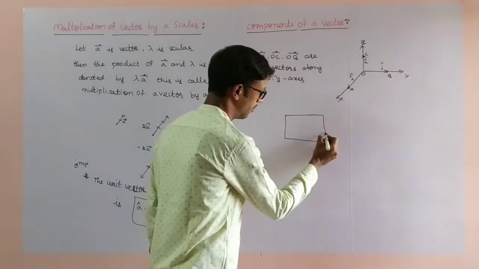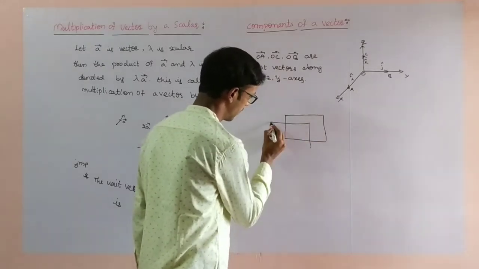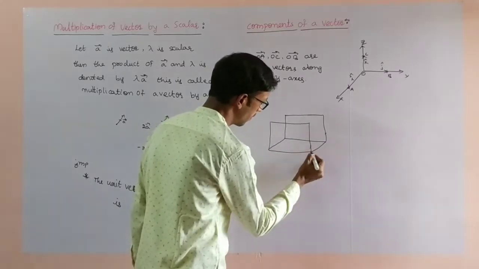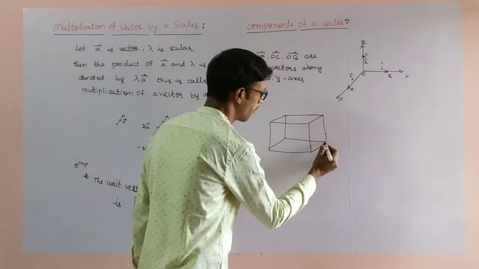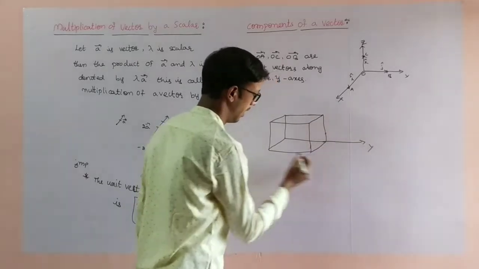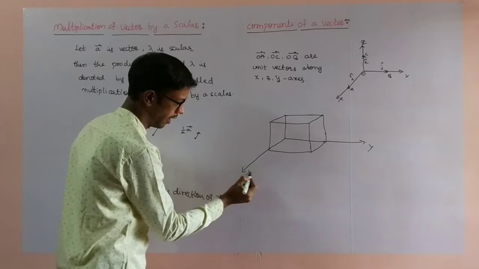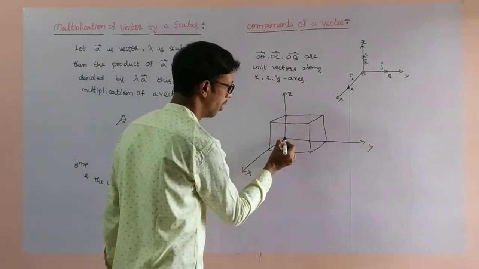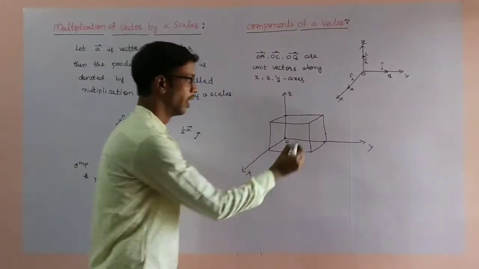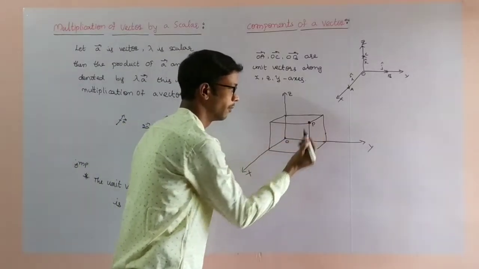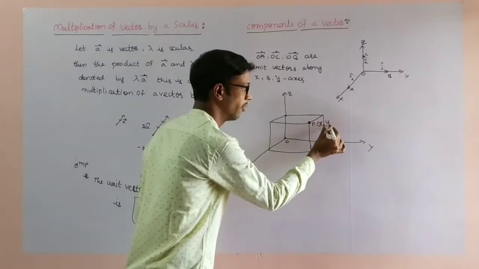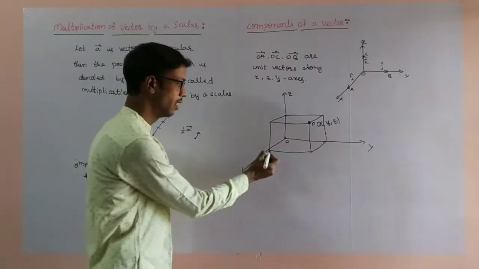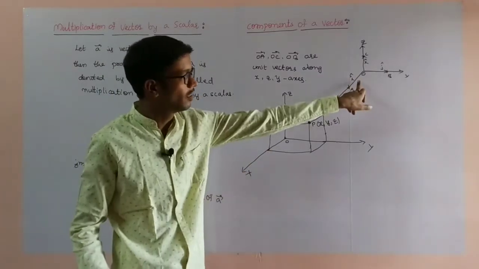I'll take one diagram here. This is the y-axis, this is the x-axis, this is the z-axis. This point is O and this point I am taking as P. P is x comma y comma z, a point in space. The unit vector is I cap.